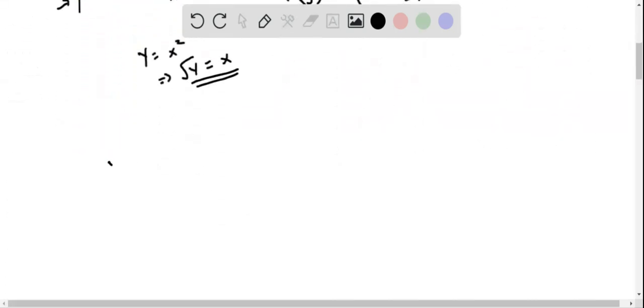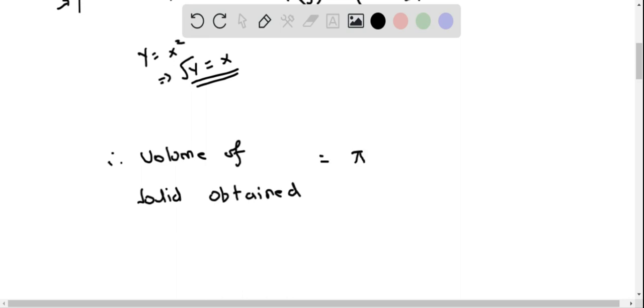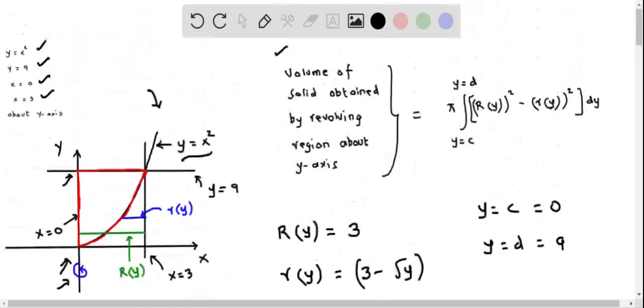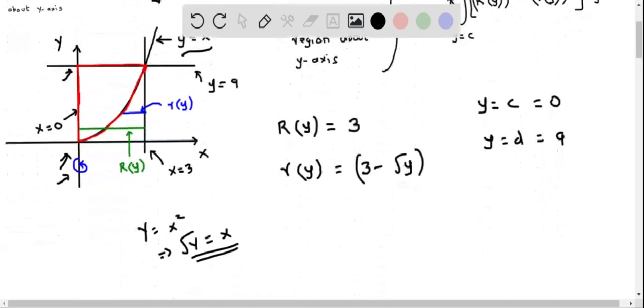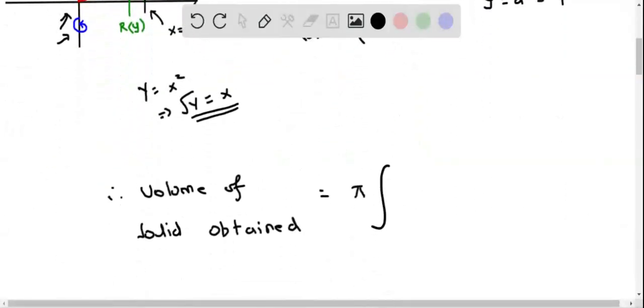So therefore we write volume of solid obtained, and this equals pi times the definite integral from y equal to c to y equal to d. c is 0 and d is 9.